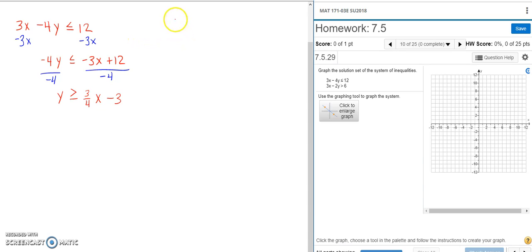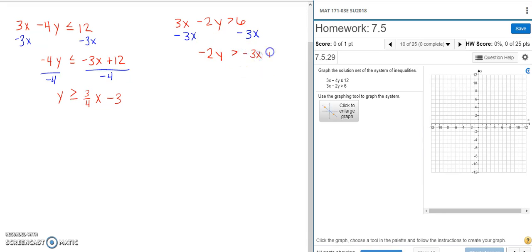Then I'm going to do the same thing with the second one. Same steps, just getting y by itself, paying attention to when I divide by a negative. And I guess maybe that's why my math lab does it with an equals, so that you don't have to worry about it.